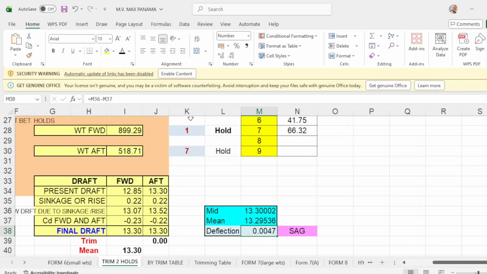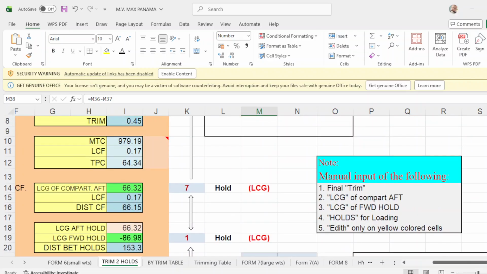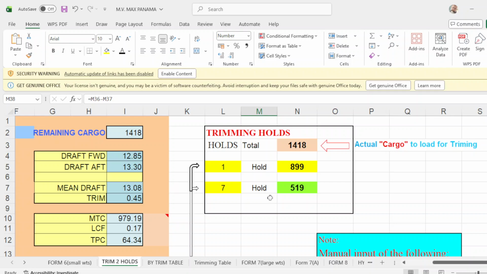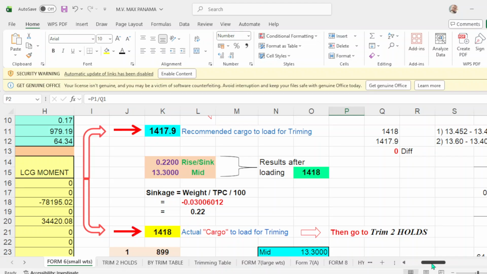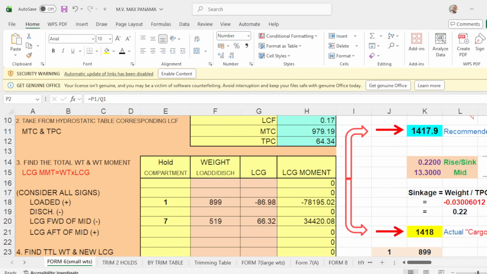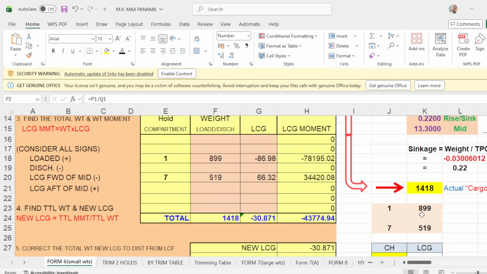Take note, guys, of the cargo we load in hold number 1 and number 7. That's 899 and 519. You go back to form 6. Scroll down, and here in number 1, you will load 899 and number 7 hold 519.